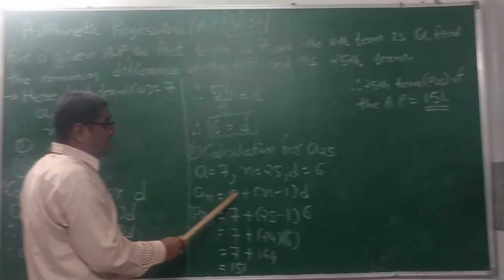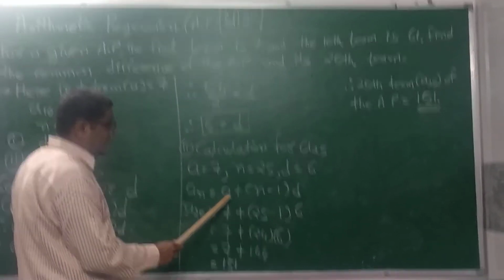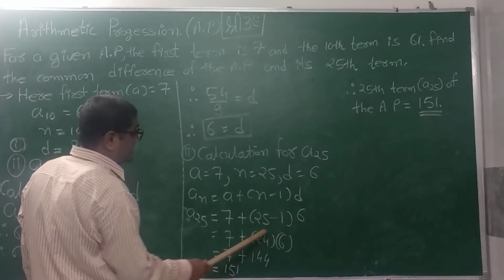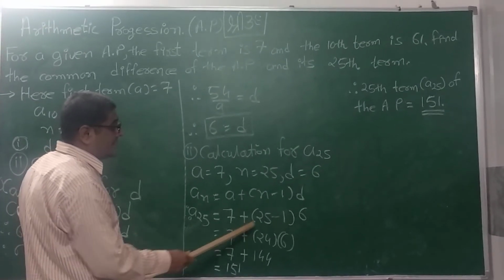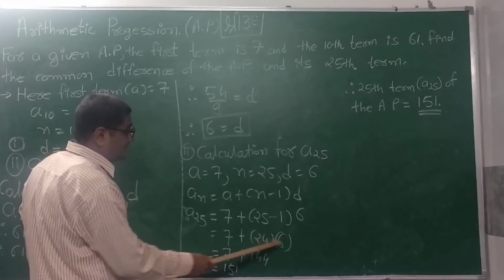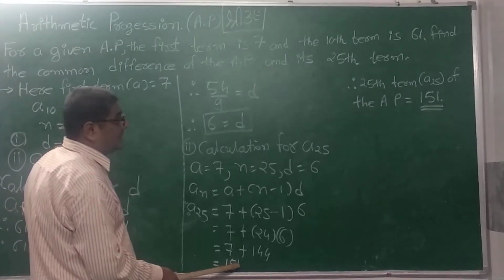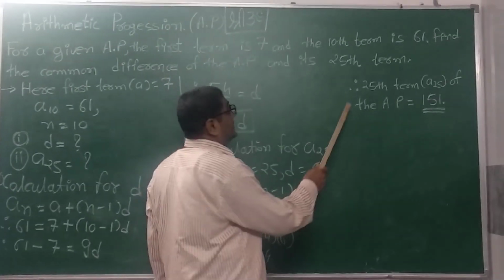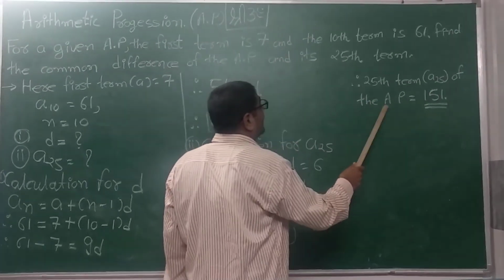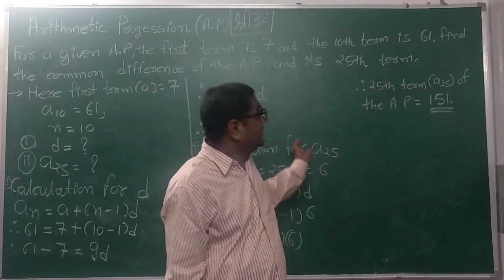Now an is equal to a plus n minus 1 into d. n is equal to 25, a is equal to 7, so n minus 1 is 25 minus 1 into 6. 7 carried out as it is, 25 minus 1 is equal to 24 into 6. 24 6s are 144. 144 plus 7 is equal to 151. Hence, don't forget to write down the final result. Hence, the 25th term, that is A25, of the AP is 151. Thank you for watching this video.